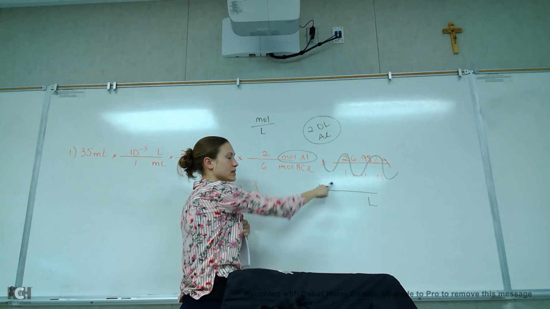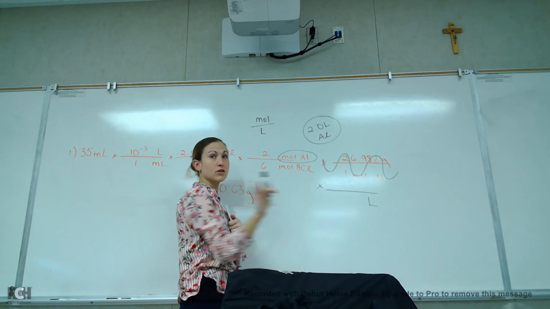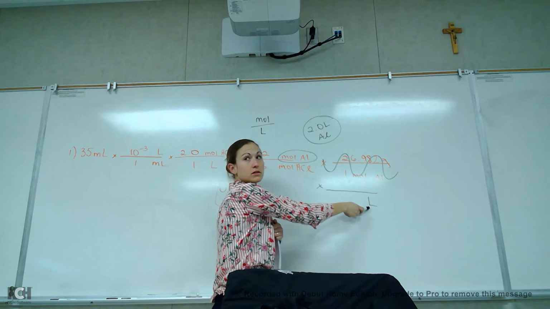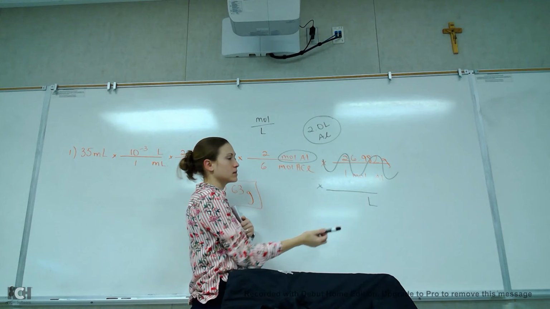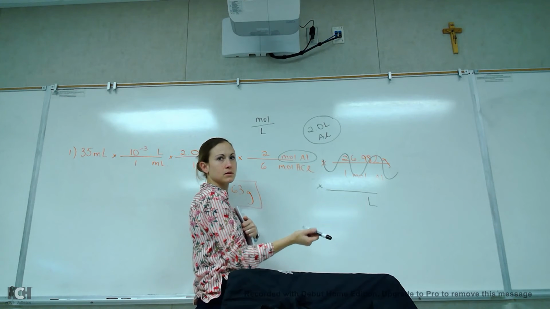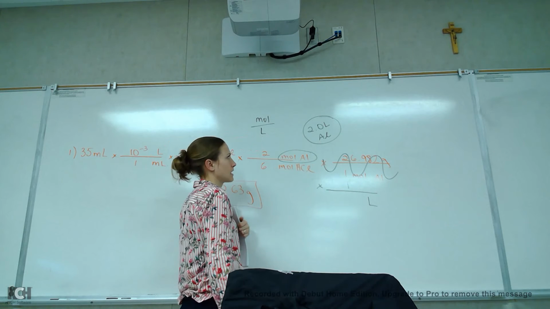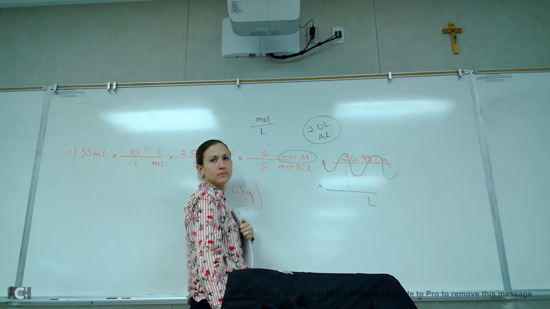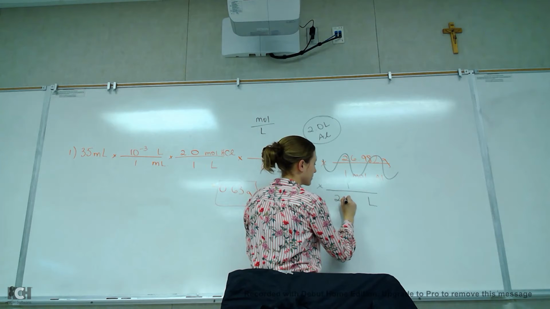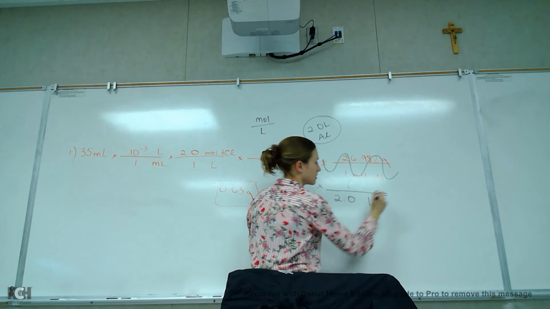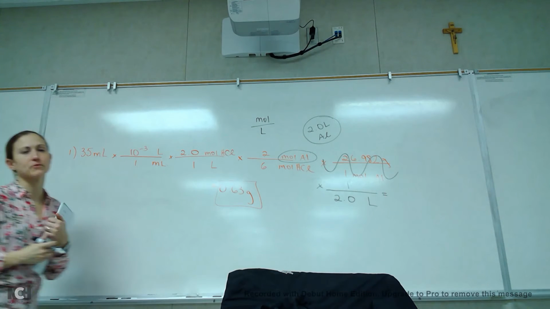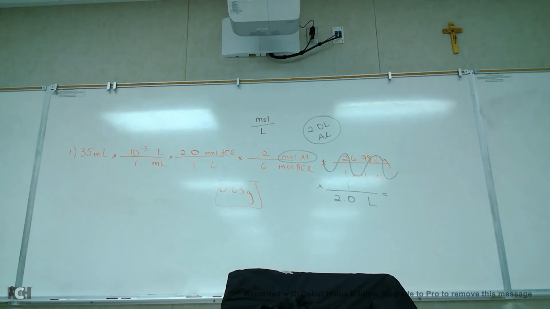Do I need a unit on top? I'm in the units I want, right? Moles per liter. So what could I put up top? How many liters do I have of aluminum? 2.0. Do we have any problems with that? Nope, that's why I'm throwing it in there. When you see it, then you won't be like, how do I do that?